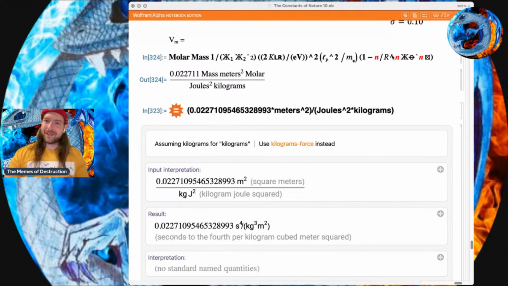Molar mass. Should probably actually. Hold on. Let's get these dimensions first. Boom. Okay, kilograms, seconds, and so on. Okay, how about this? Let's take all that. Let's divide by molar mass.